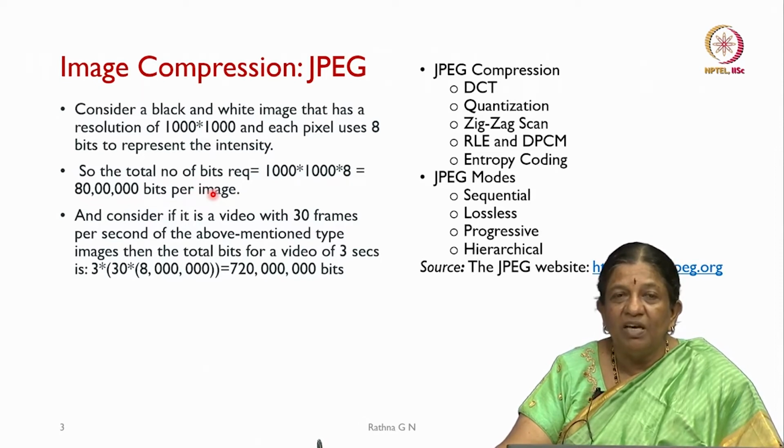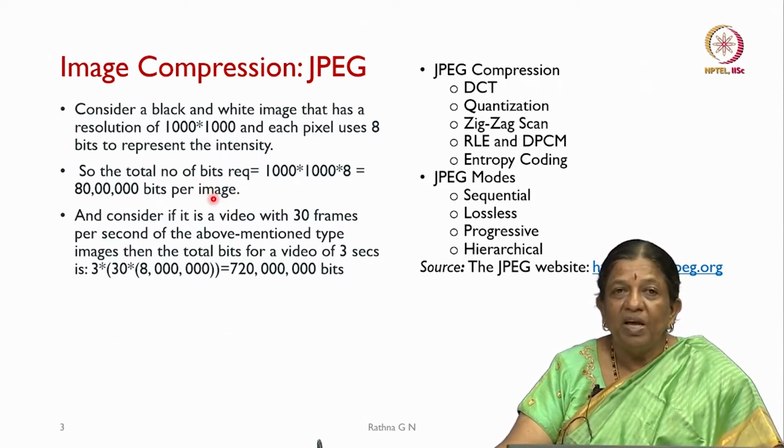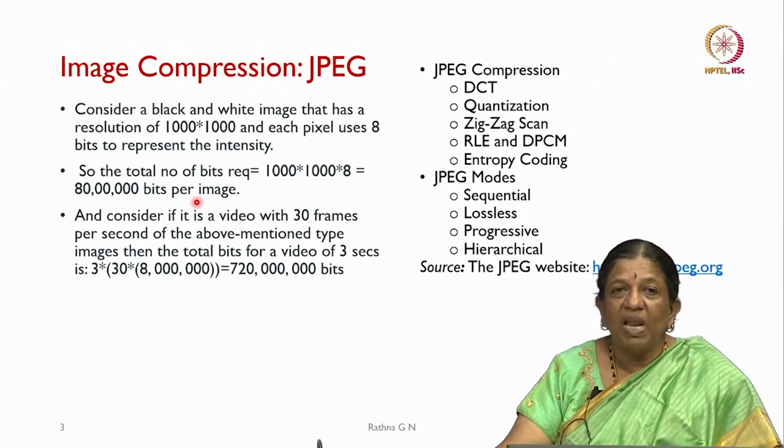And this is only a still image. If we consider a video for black and white, we assume a video rate of 30 frames per second. If it is taken for just 3 seconds, what will be the value?